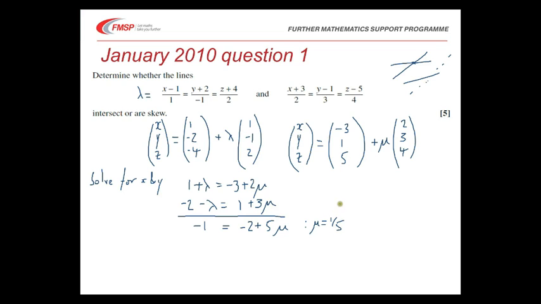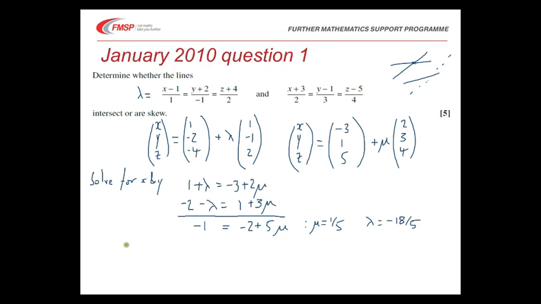Substituting mu is a fifth back into this statement here, I get 1 plus lambda equals minus 3 plus 2 fifths, so I get a value of lambda of negative 18 over 5. I've done the arithmetic very quickly there. That's not really the emphasis of this video today. I'm sure you can check that and check that you agree with those values of mu and lambda.